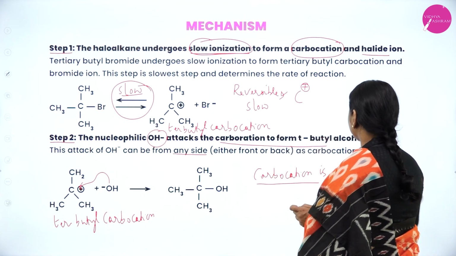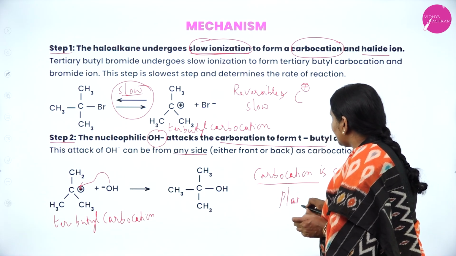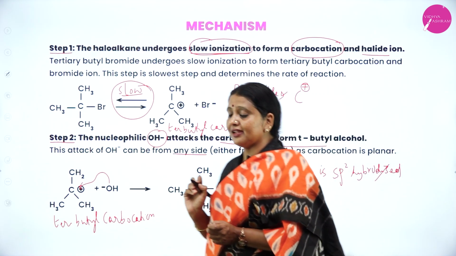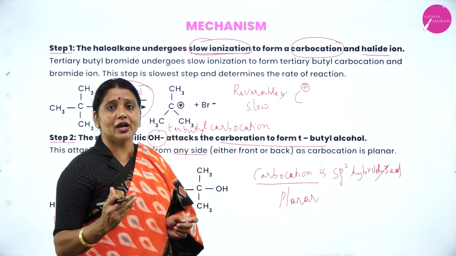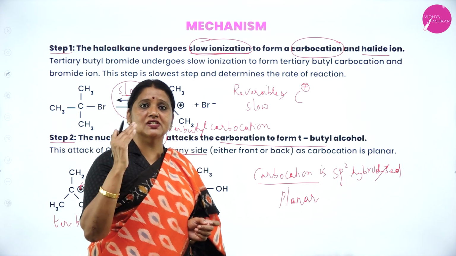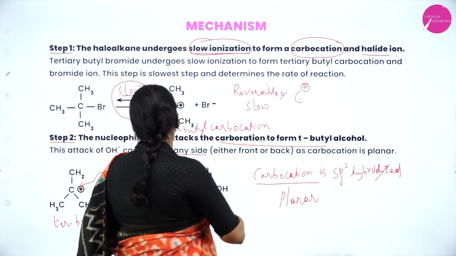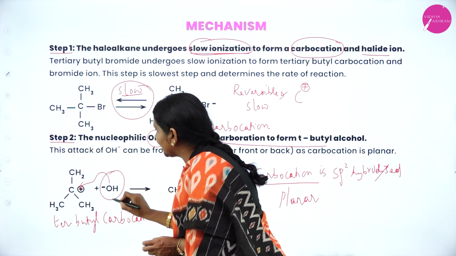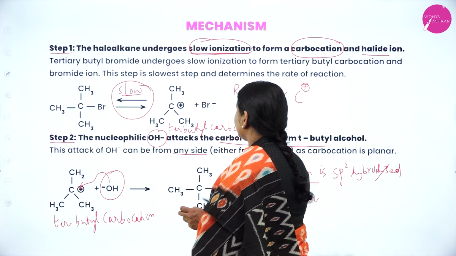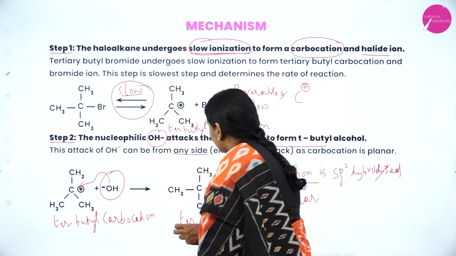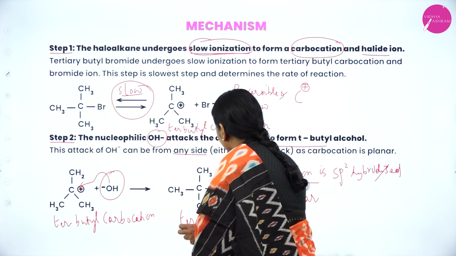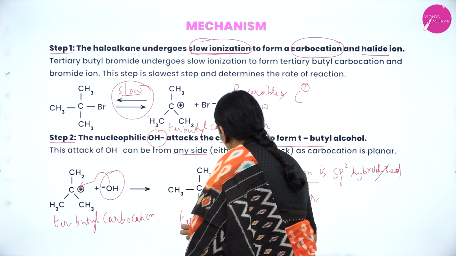When it is sp2 hybridized, it has planar structure. When it has planar structure, attack of the nucleophile takes place from any side and it will form tertiary butyl alcohol.